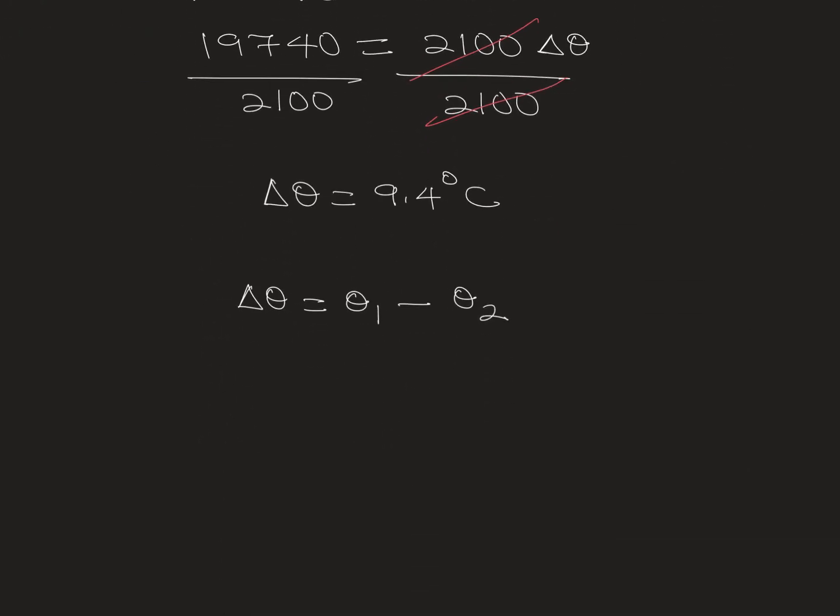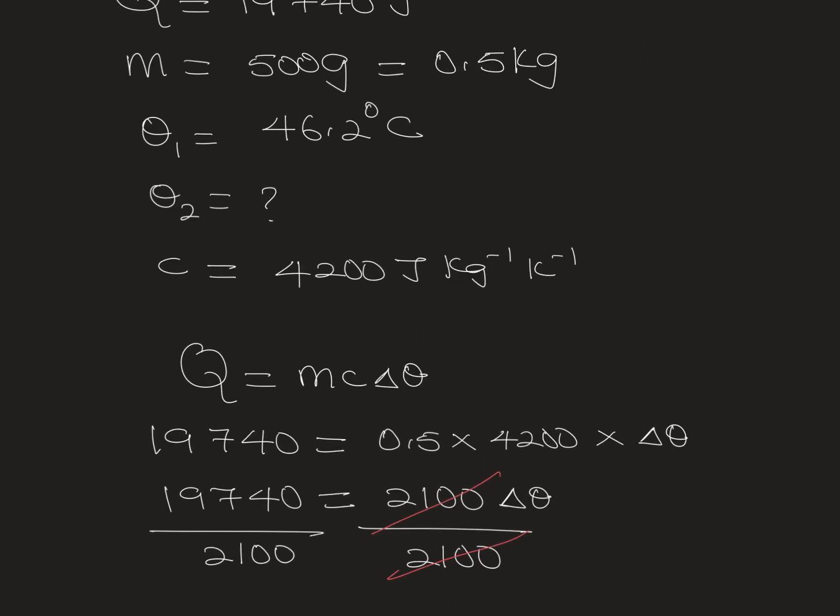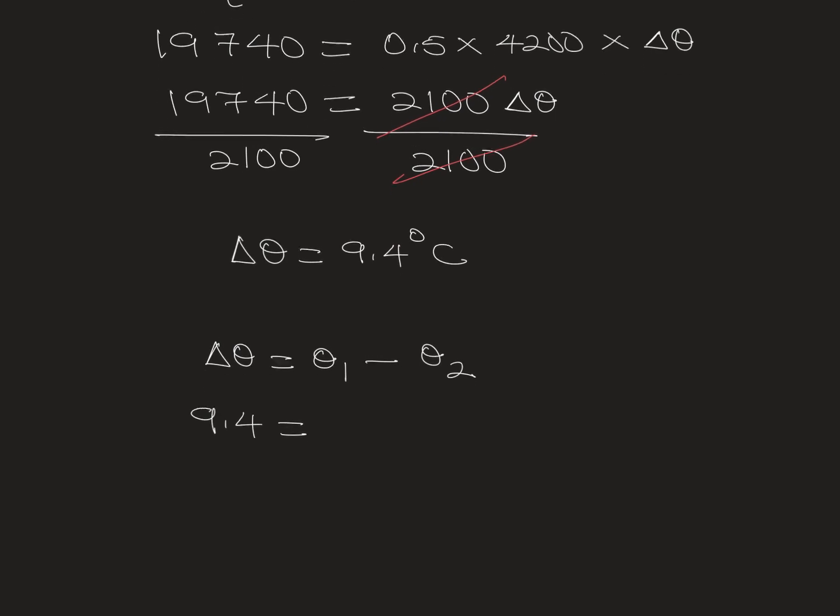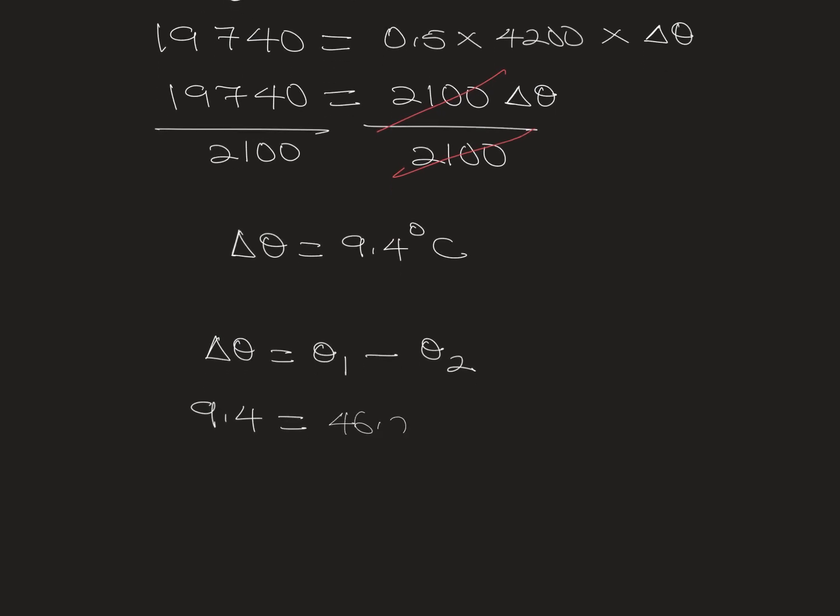So delta theta, which is 9.4, is equal to theta 1, which is 46.2, minus theta 2.